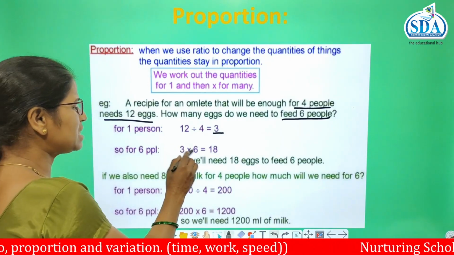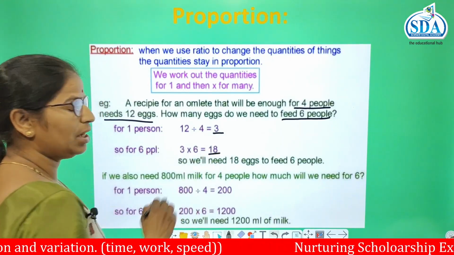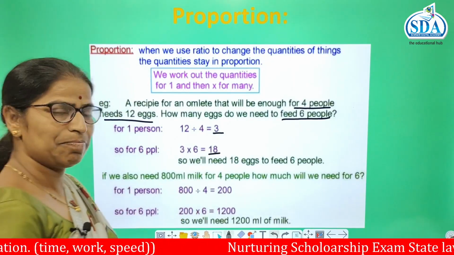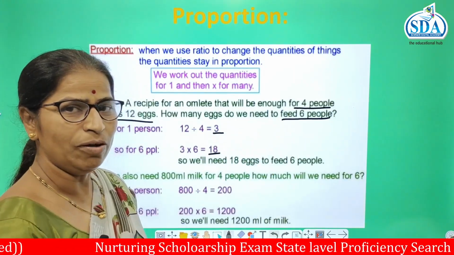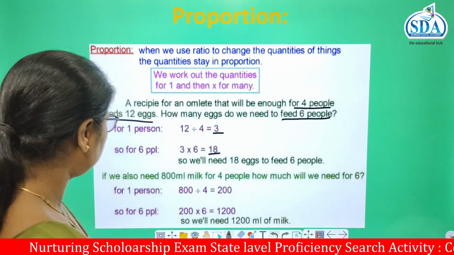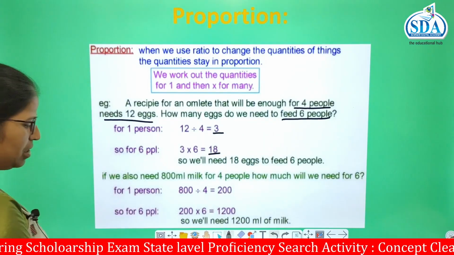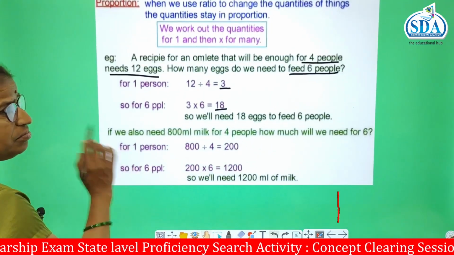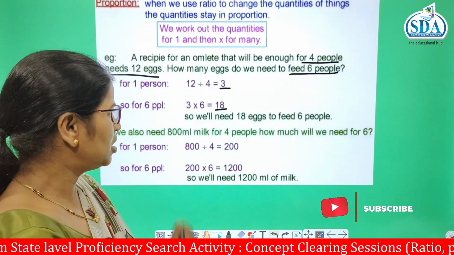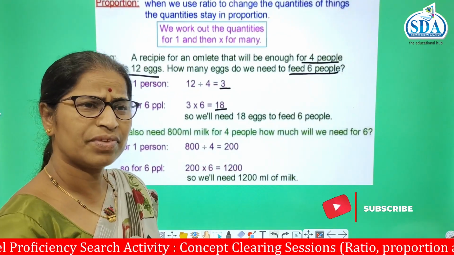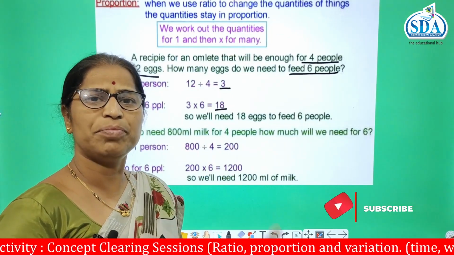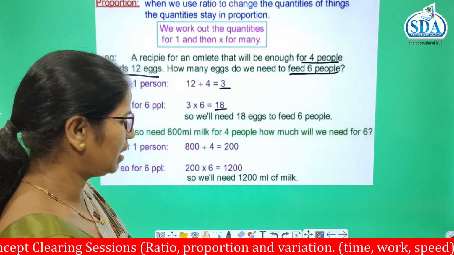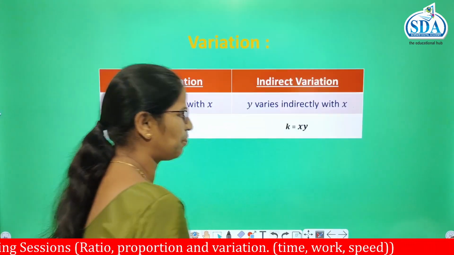Therefore, 6 multiplied by 3 is equal to 18 eggs are required. Or we need 18 eggs to make the omelette for 6 people. Second example is also given here. Dear students, there are many more examples of such a type or maybe of higher difficulty level in our scholarship exam.